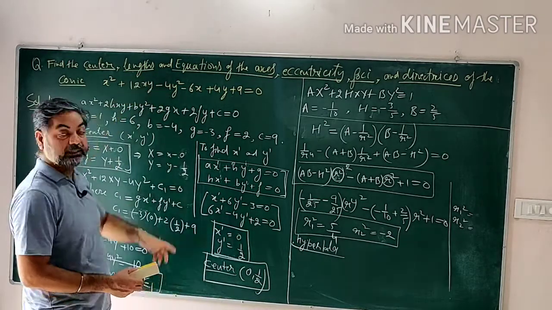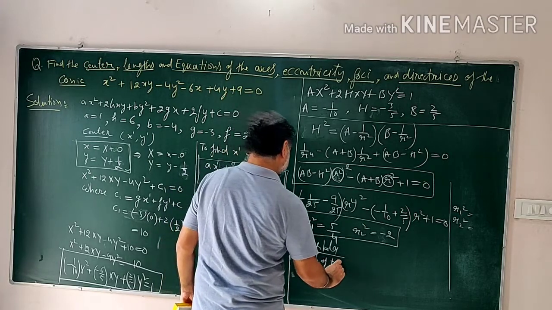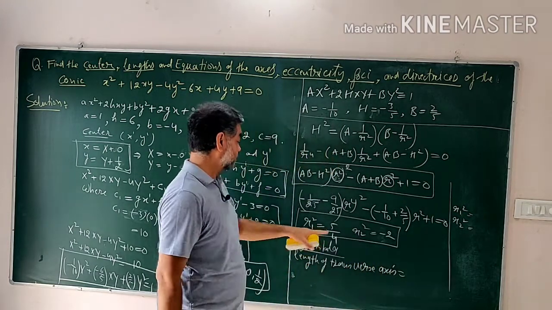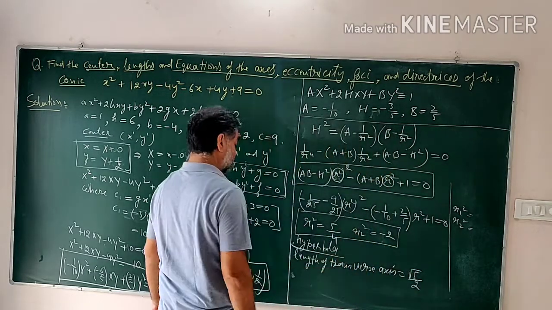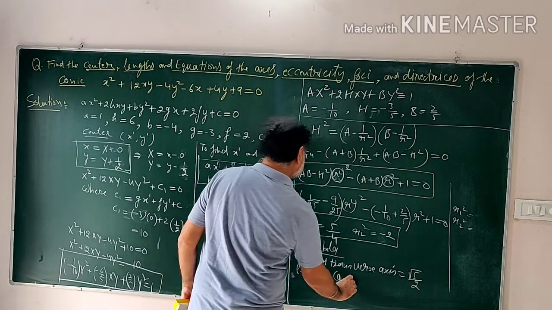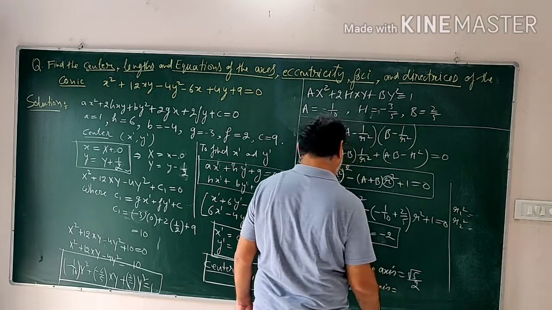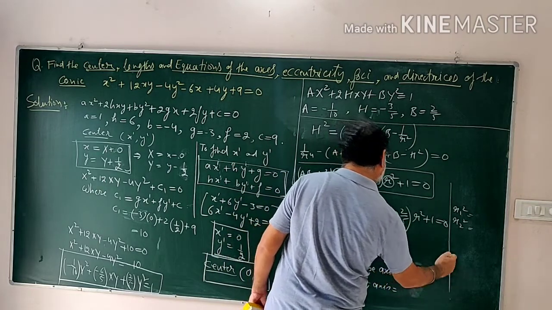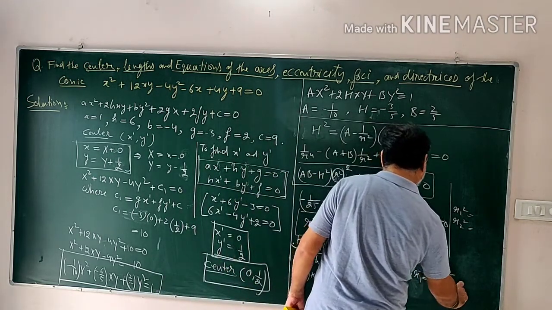First of all, we can find the lengths of the axes. The length of the transverse axis is equal to 2r1, and r1 square is 5 by 4, so this is equal to root 5.